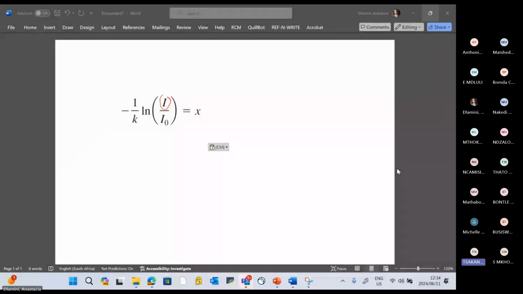Yes, you use law number 1. The law says if you have ln of A multiplied by B, you can separate it as ln of A plus ln of B. Am I right?